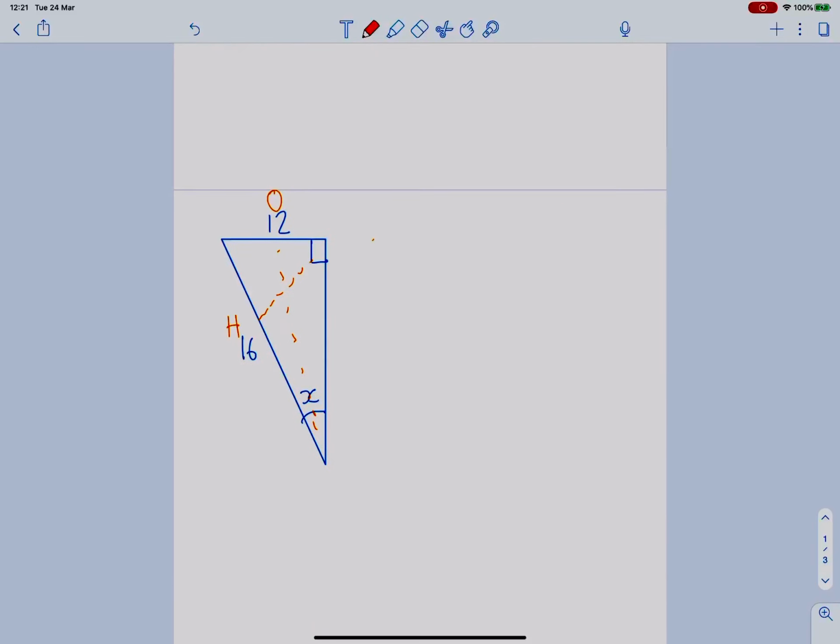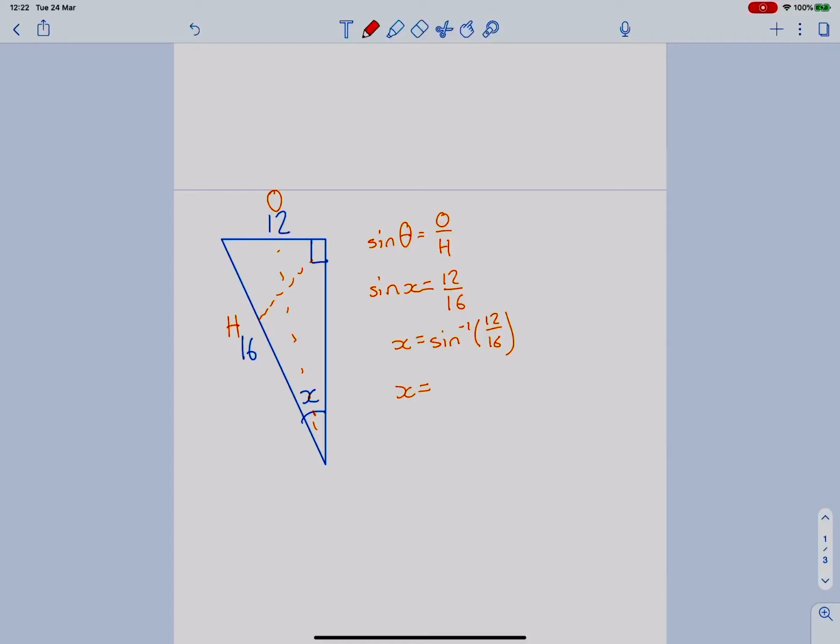So sine theta equals O over H. The angle is x, we don't know what that is. The opposite is 12 over the hypotenuse, which is 16. To find x on its own, take the inverse sine of both sides. Sine minus 1, inverse sine of 12 over 16.